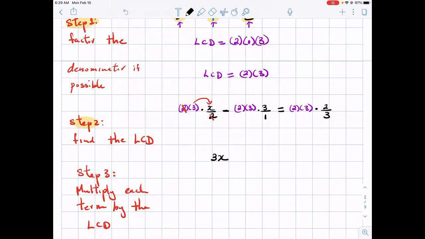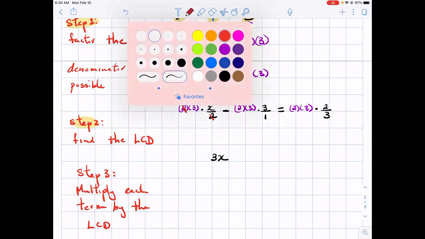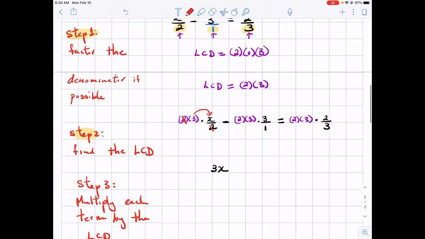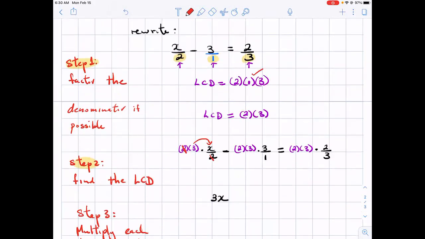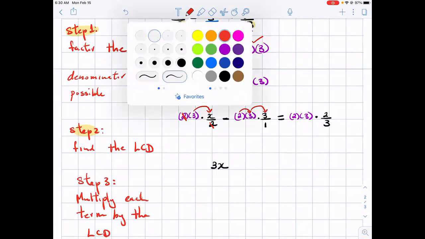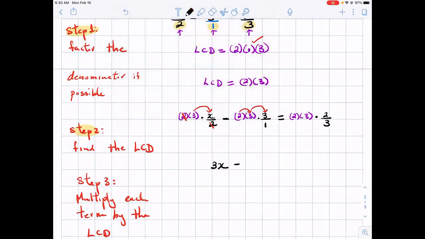Okay? Now, if there's a 1 in the denominator, and I said before we left out the 1 over here, which doesn't really matter because 1 is not going to cancel out. So notice there's nothing to cancel, so if you multiply 2 times 3 times 3, that will give me 2 times 3 is 6, 6 times 3 is 18.